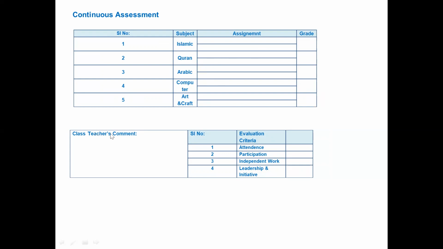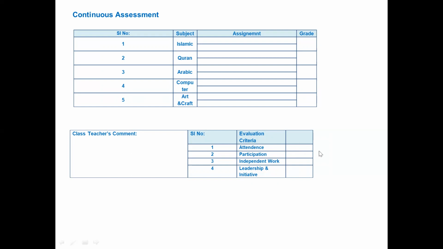And then you have the class teacher's comment, and also based on how they perform during the online classes, you have to give the attendance. Mention here either excellent, satisfactory, very good, or needs improvement, whatever the case may be.